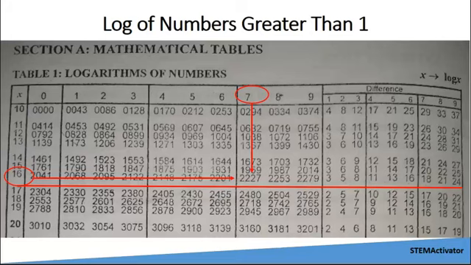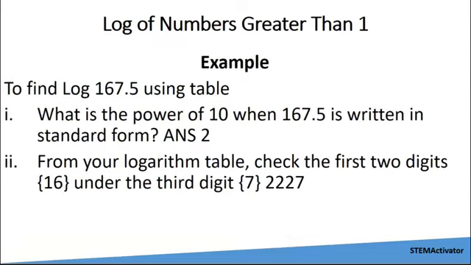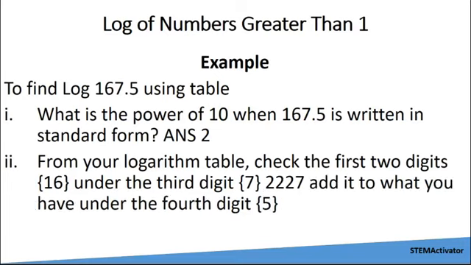If you look at the 2 arrows, that's 16 moving horizontally and the 7 moving vertically. What number do we have there? 2227.